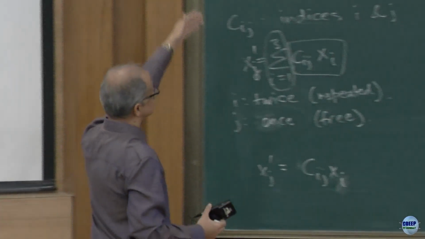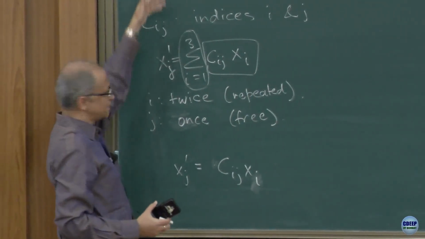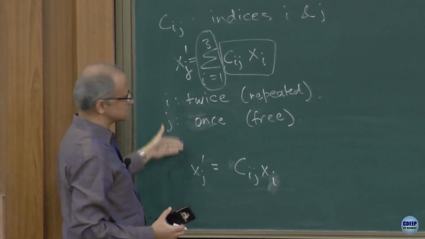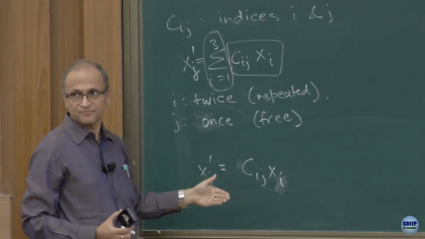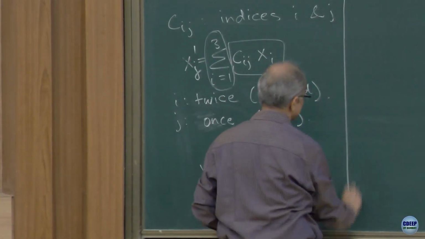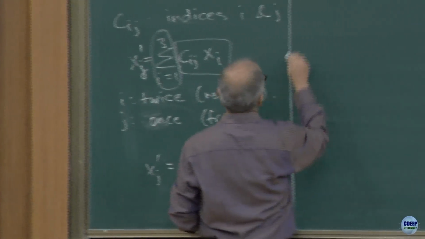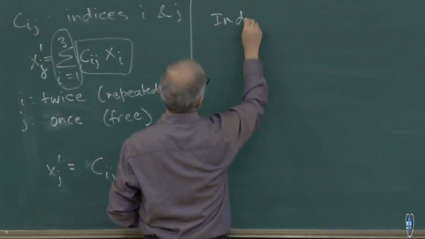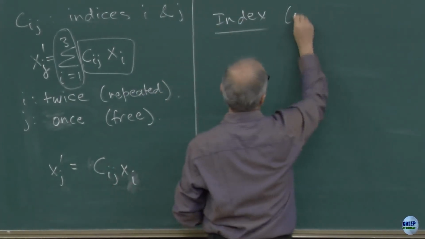Okay, is this understood? We have seen from this example what these 2 types of indices are and what we do with them. So we'll just write out these 2 simple rules. An index has only 2 possibilities.